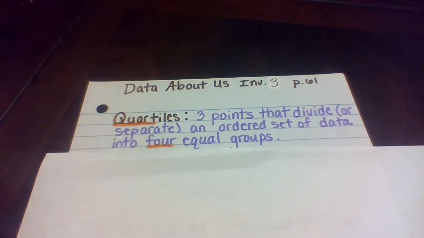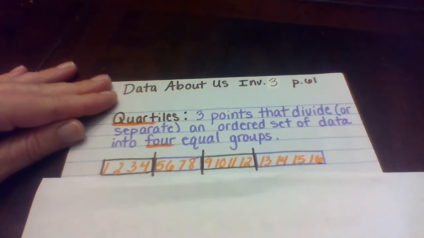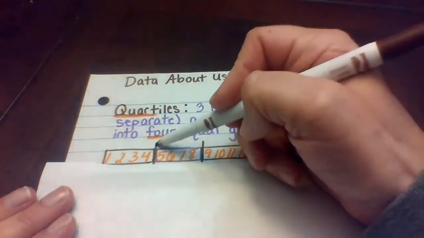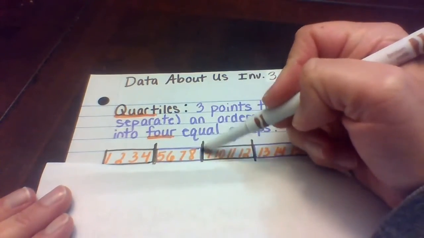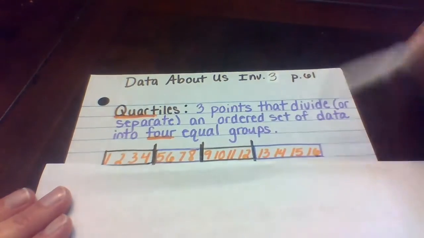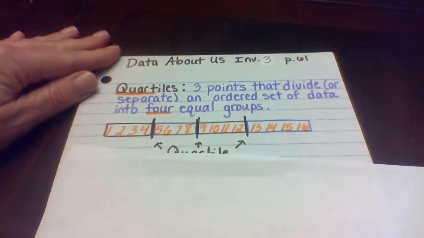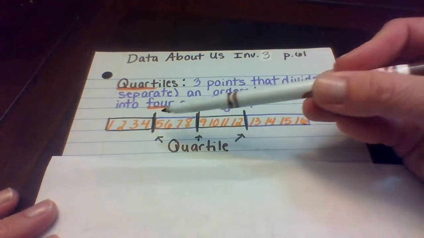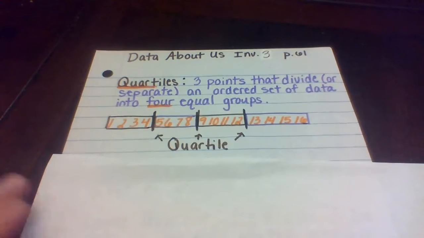What it's saying in this definition is, if I take a list of numbers and divide it into 4 equal parts, my quartiles are the 3 points that are used to divide that data into my 4 equal parts. So those lines that divide the data into the 4 equal parts are called my quartiles.